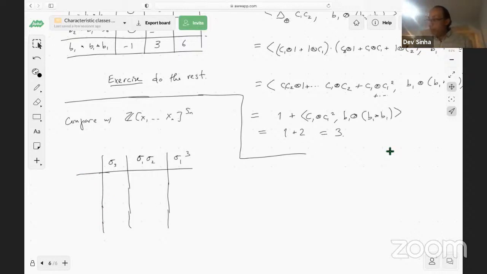And here, instead of the standard third symmetric polynomial, I'm going to look at the third symmetric polynomial versus the following basis. Oh yeah, no, this is right.